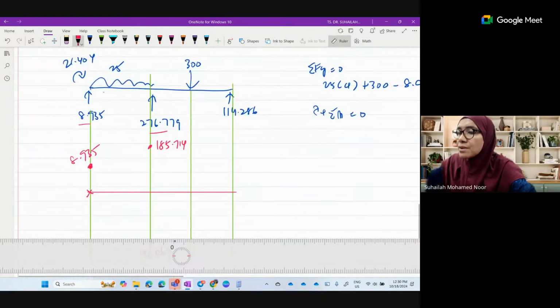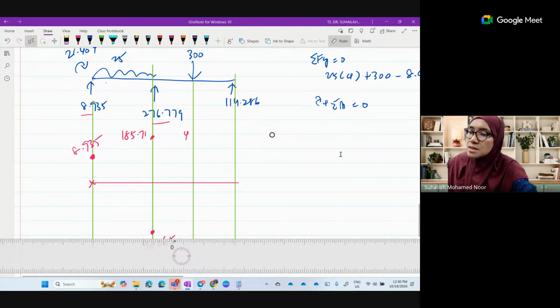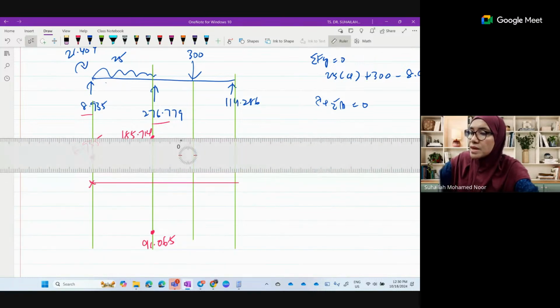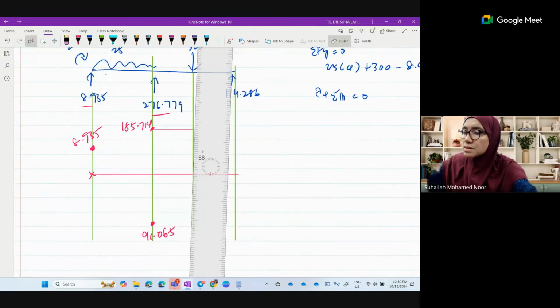185.714. Okay, lepas tu dia akan go straight. Straight sampai we meet 300. Okay, then turun another 300. Turun 300, dia pergi ke mana? Point bawah ni lah.